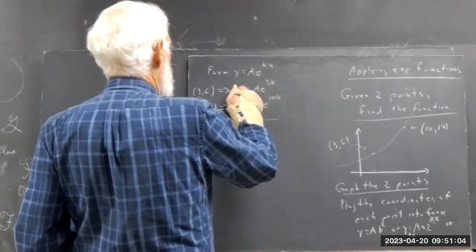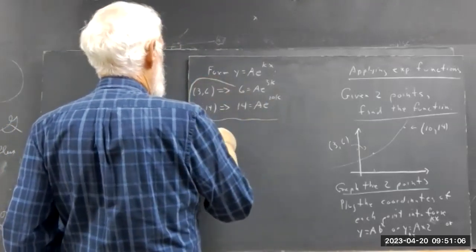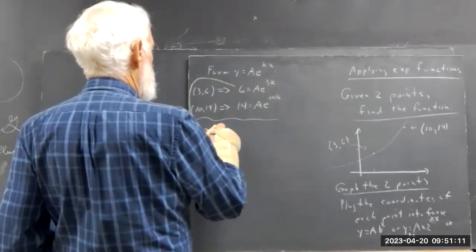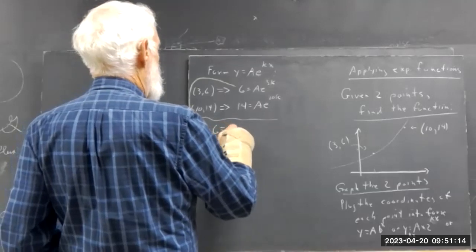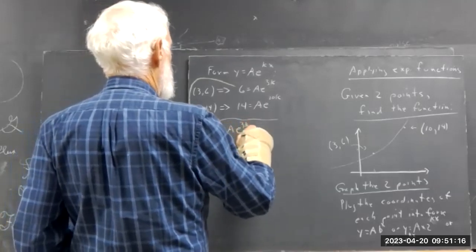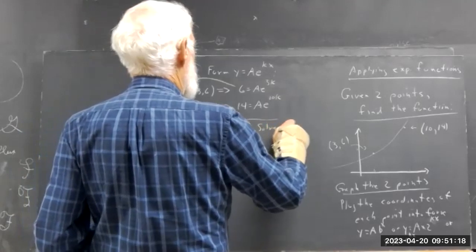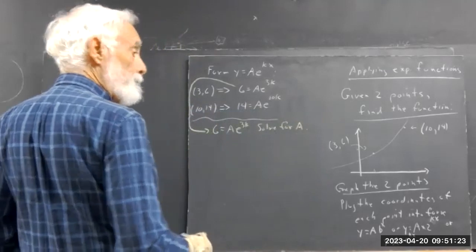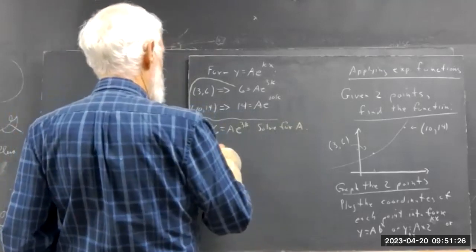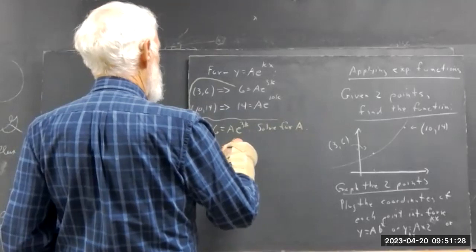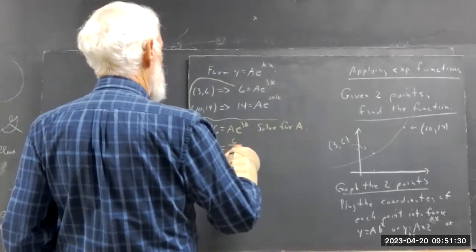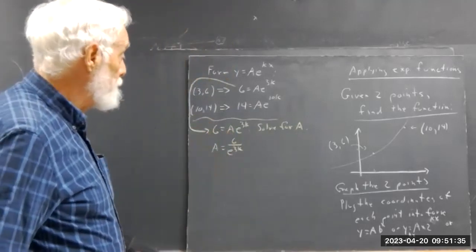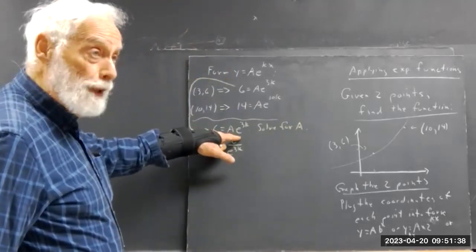Take the first equation and we solve it for a. Well, the solution is a equals 6 over e to the 3k.